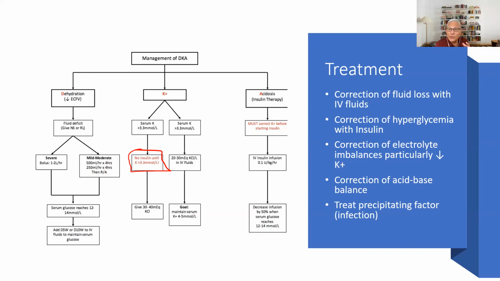Because if you are going to give glucose, the potassium levels are going to go down. So let me give you a scenario. Supposing the patient's potassium was 3.2 mEq, okay? And now we give insulin. What is going to happen to our serum potassium?